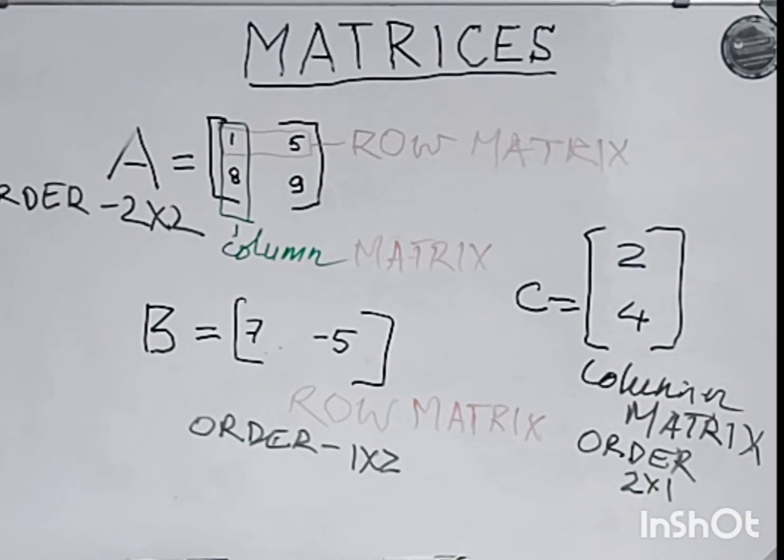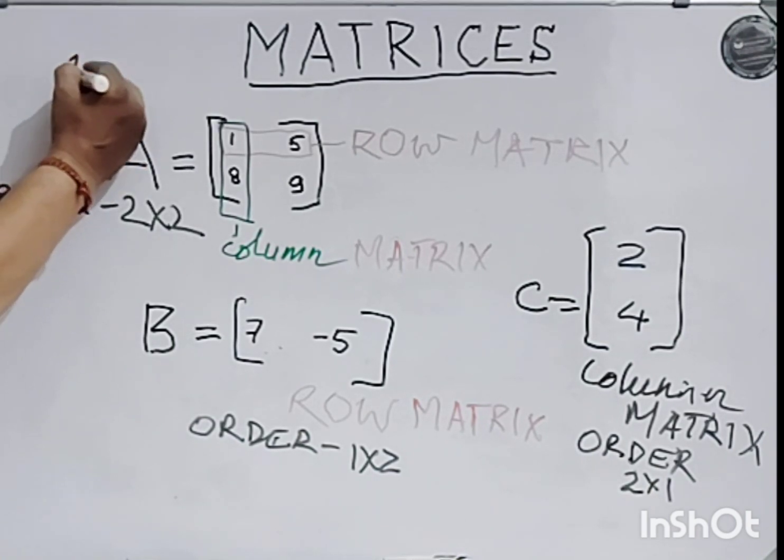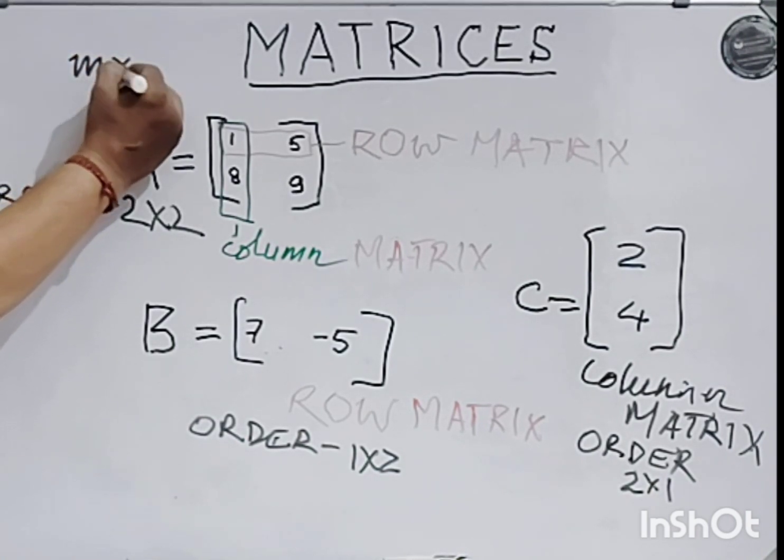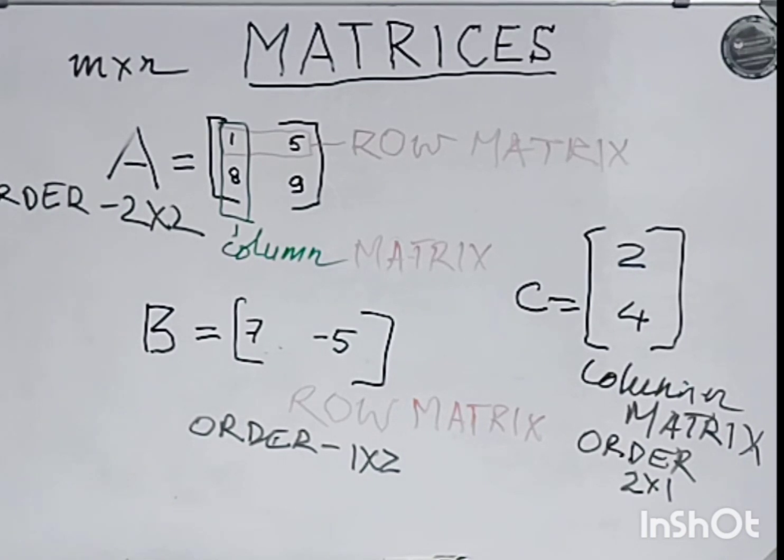If I write m into n, it means m number of rows and n number of columns.